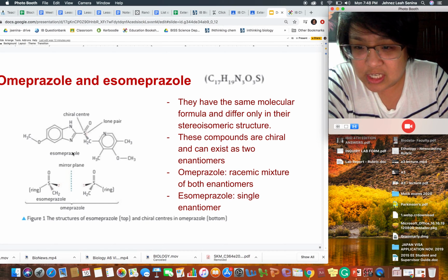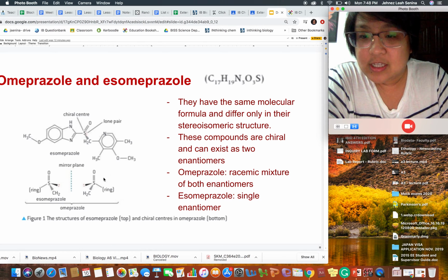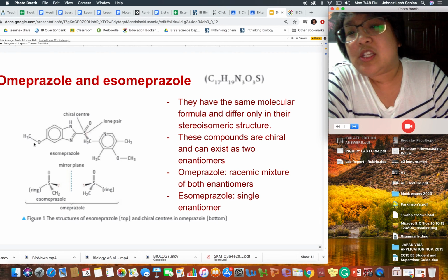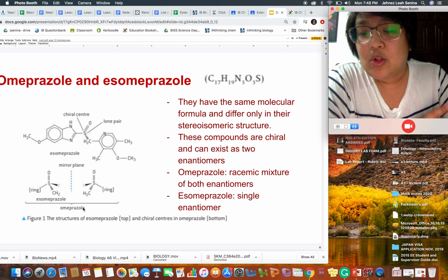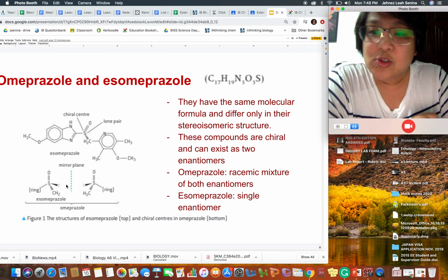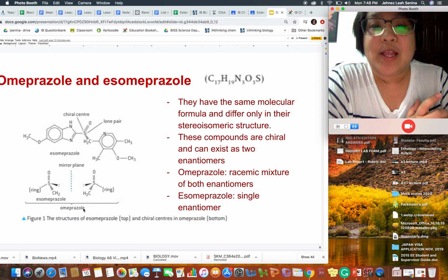Imagine this is a mirror, so the other molecular structure looks like this. It's a stereoisomer. Your esomeprazole is just this drug, while your omeprazole is esomeprazole plus its mirror image. So there are two types of molecules inside your omeprazole medicine.